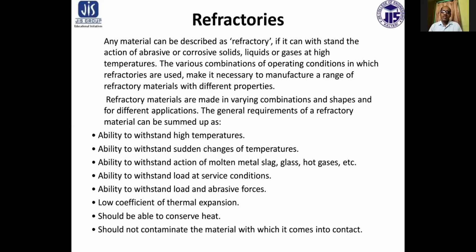Refractory materials are made in varying combinations and shapes and for different applications.